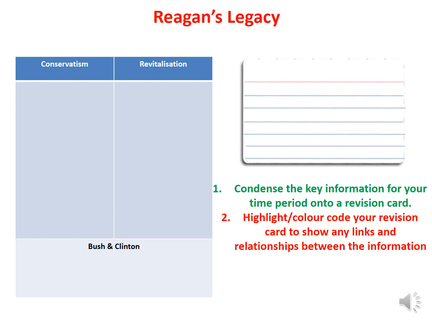Once you've completed your post-it notes or revision card, really condensed information, crystallized juicy details, I'd like you to highlight and color code perhaps where this links to the conservative aspect, links to revitalization, or Bush and Clinton links to either one of those subheadings and vice versa. So we're creating a foundation of knowledge in order to look at and engage in some model answers.